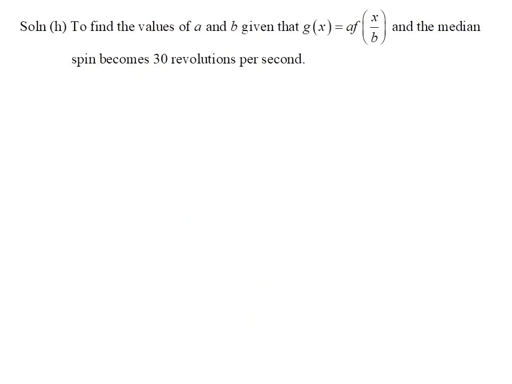Part H of this question is to find the values of a and b, given that g of x equals a times f of x over b, and the median spin becomes 30 revolutions per second.